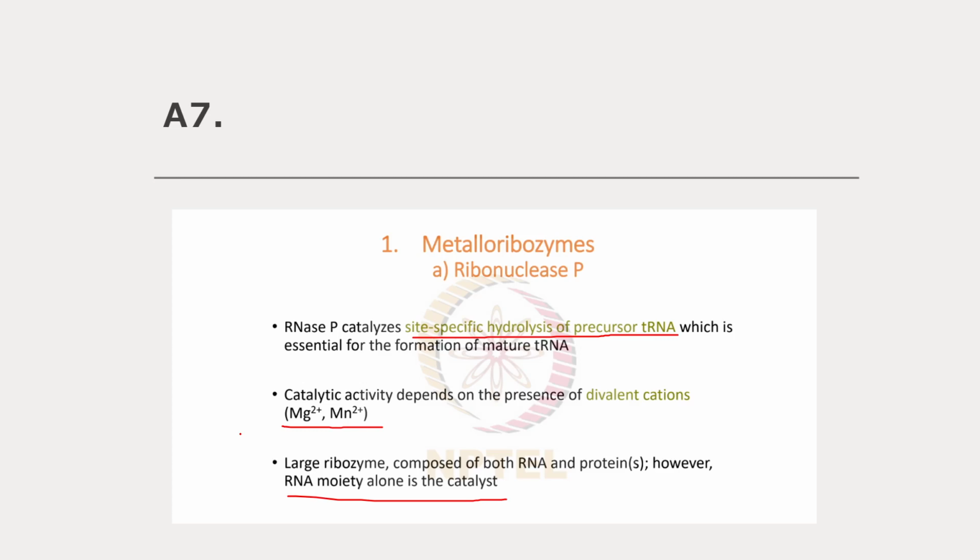And there are a lot of processes inside our body where magnesium and manganese are required. That's why we should have magnesium, a trace element, in our diet. Sometimes you must have heard about some people having magnesium deficiency, and that also affects different metabolic processes inside our body, right? Because magnesium is required for a lot of metabolic reactions.